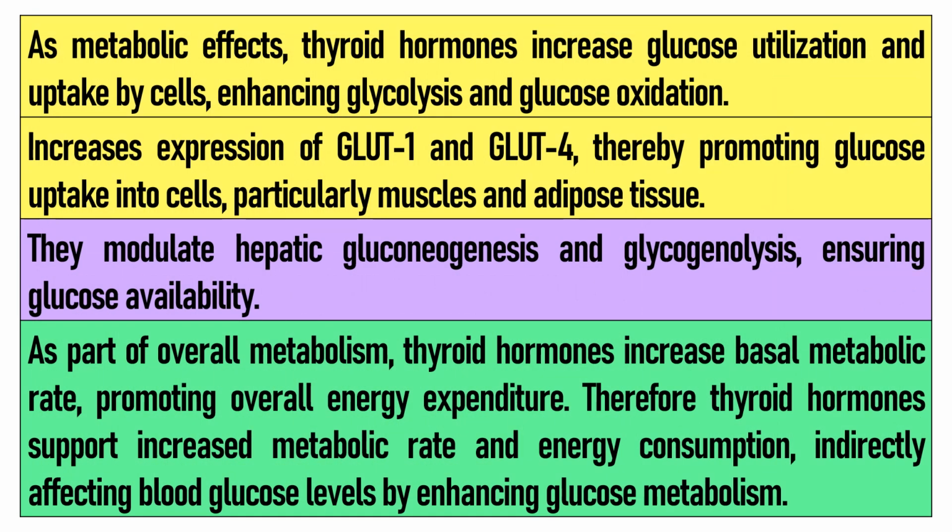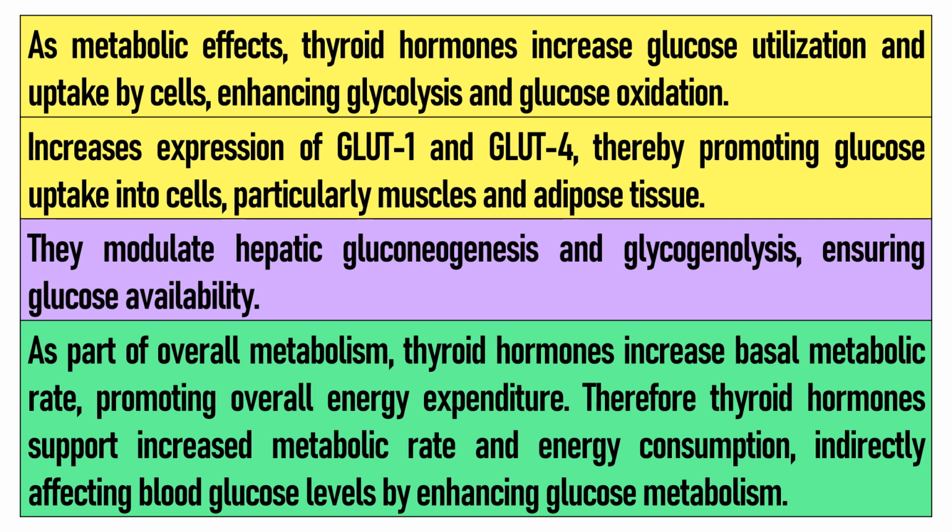Thyroid hormones increase glucose utilization and uptake by cells, enhancing glycolysis and glucose oxidation. They increase expression of glucose transporter 1 and glucose transporter 4, thereby promoting glucose uptake into cells, particularly muscle and adipose tissue. They modulate hepatic gluconeogenesis and glycogenolysis, ensuring glucose availability.